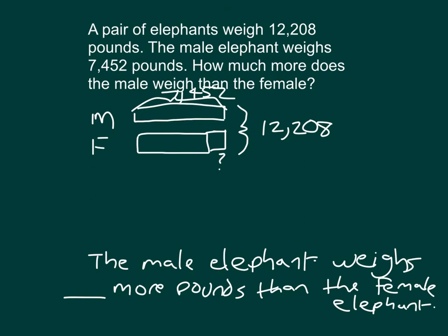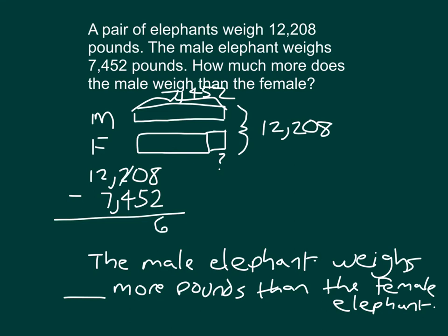But my first step will be to figure out how much that female elephant weighs, which will be the combined weight minus the weight of the male elephant. We'll start in the ones place, where we have 8 minus 2 equaling 6. In the tens place, 0 minus 5, we cannot do that.